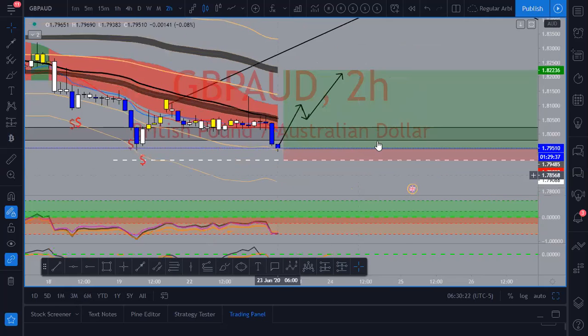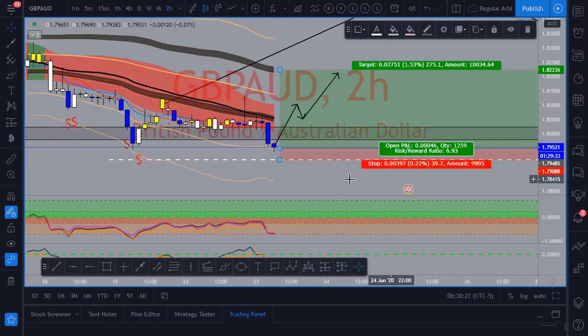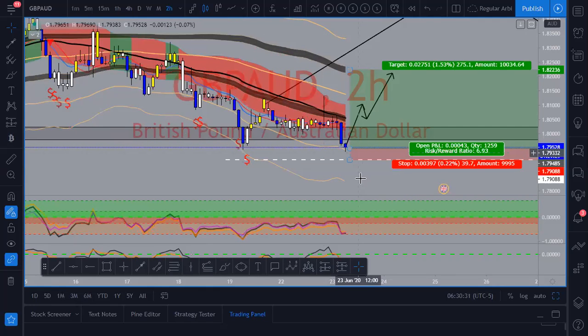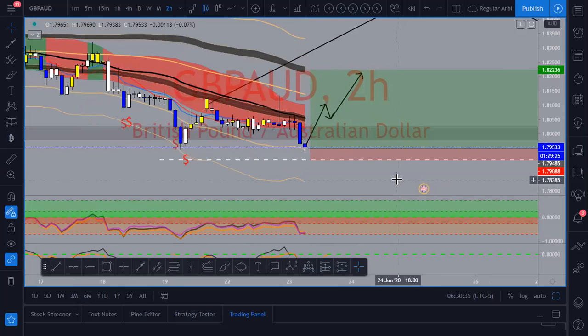Risking about 40 pips for 275 pips. That's not bad. But again, it's really risky because I still think that price is going to drop some more. But if you're down to take that risk, then why not, right? So that's for GA. Any questions on GA?